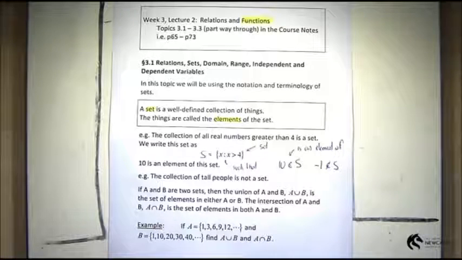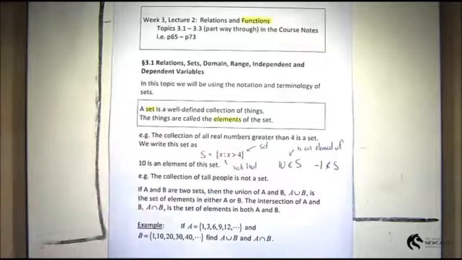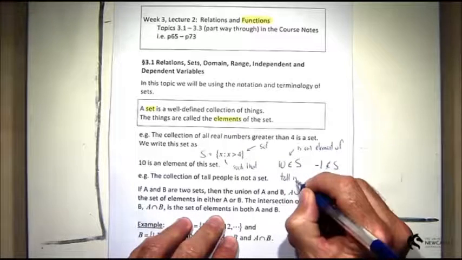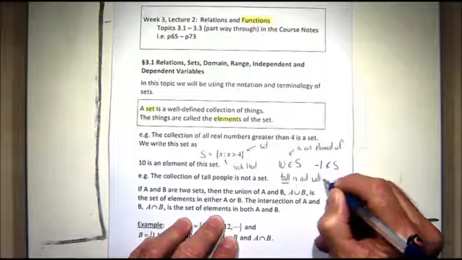As another example, I have here the collection of tall people. In this case, the things are people, but that's not a set because it's not well defined. If I pointed to myself, am I tall? Well, that's open to interpretation. It's not well defined in here. So the collection of tall people is not a set because tall is not well defined.